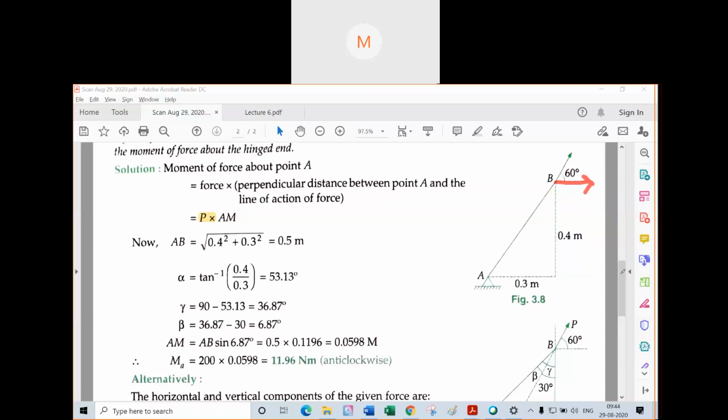Okay, so this is the cos theta component, and this is the sin theta component.